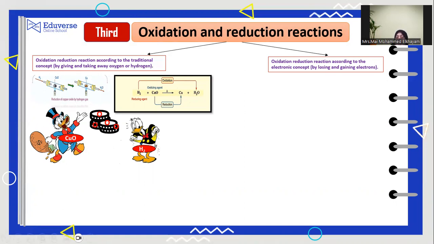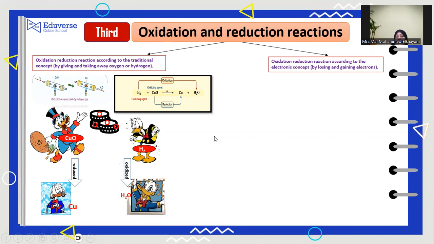Now, when copper oxide, or Mr. MacDuck, gives oxygen to Donald Duck, what will happen to this hydrogen? Yes, it will be oxidized, and it will have oxygen with it. While the copper oxide, after giving away the oxygen to hydrogen, will be reduced. I hope that this story helped you to master this part.